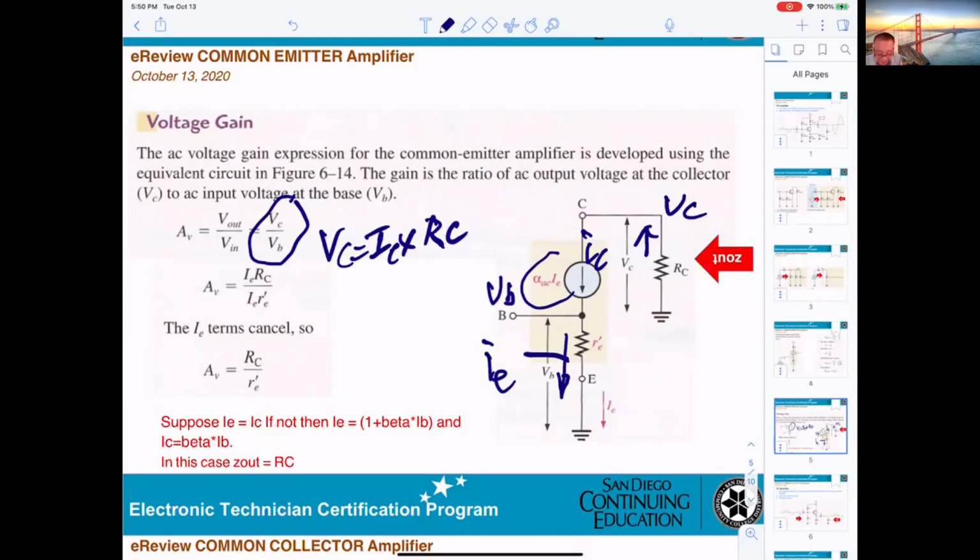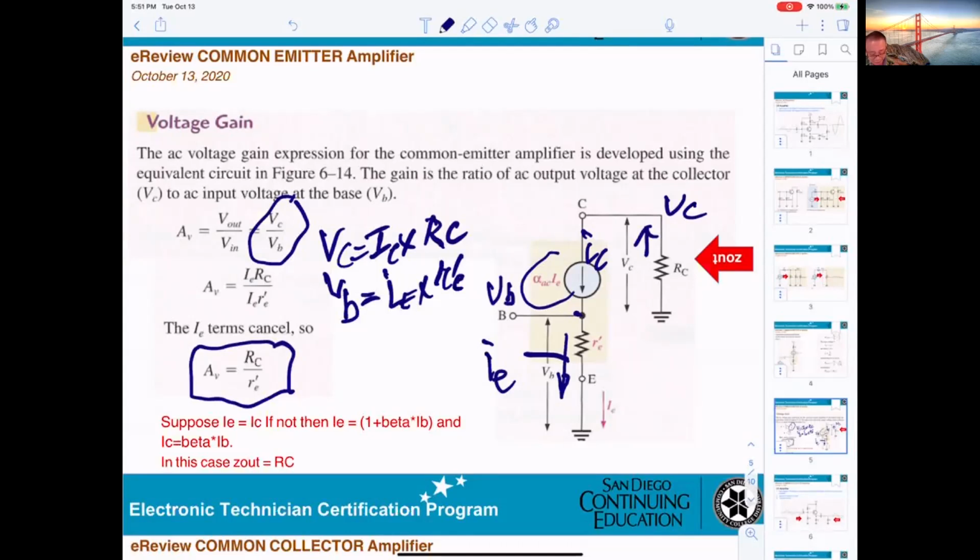And if you want to calculate the VB from here to the root, it will be IE times R prime E. And then they substitute IE times RC, IE times R prime E. Finally, this is the formula to calculate the gain.